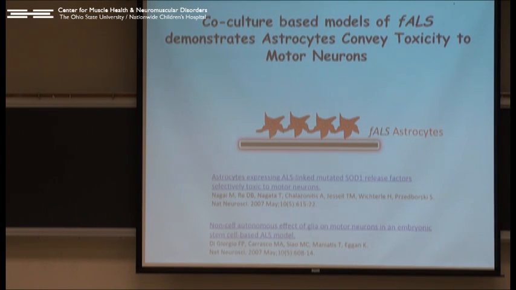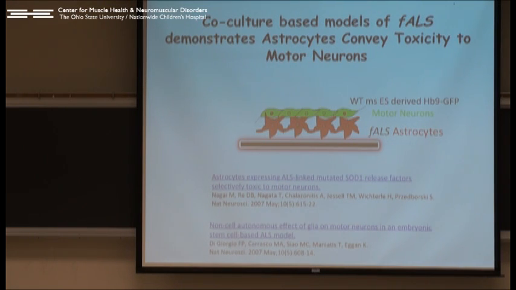Here we're going back to the studies of the mouse cells, in which mouse SOD1 mutant astrocytes were taken out of the mouse and cultured in a dish. And then motor neurons that were isolated from mouse embryonic stem cell derived motor neurons.